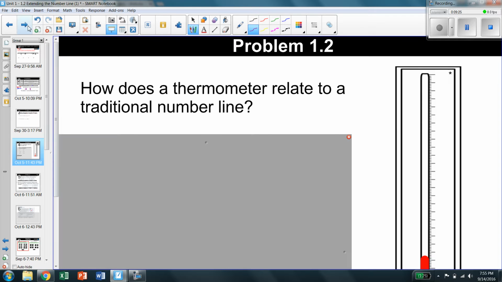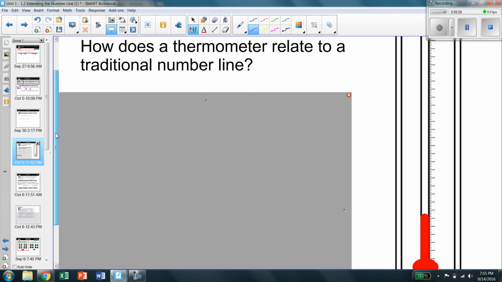Alrighty. So, think of a thermometer, and I don't know, most people check their phone these days and don't even bother looking at thermometers. They rely on the Weather Channel or something like that to look at the temperature. But way back when people did look at thermometers, how does it relate to a number line? So here's how.